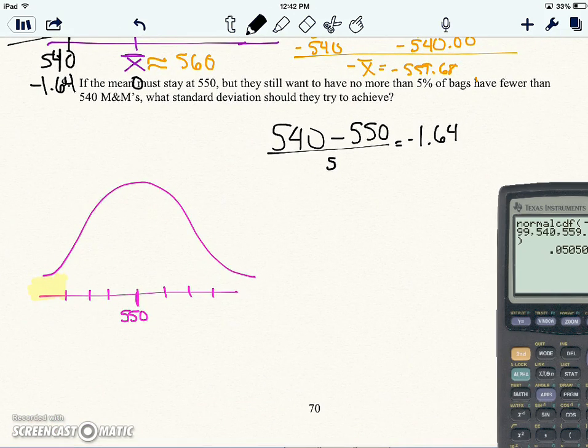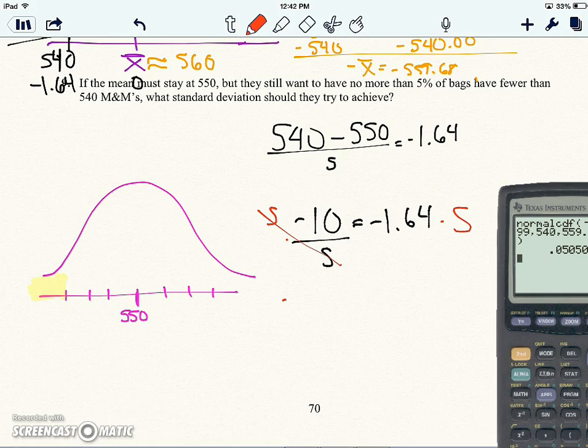Okay, which gives you negative 10, equaling negative 1.64. So we're going to times both sides by s. We get negative 10 equals negative 1.64s.